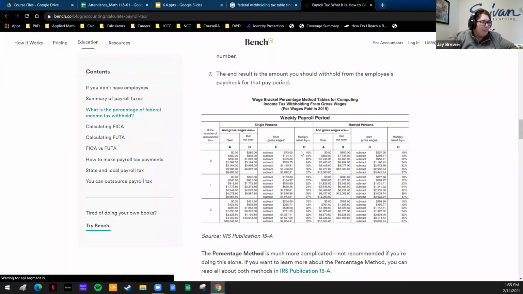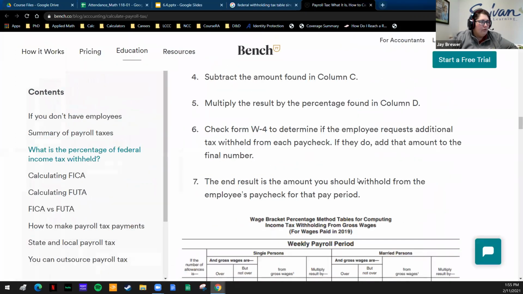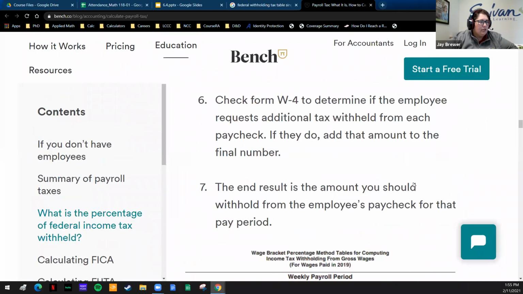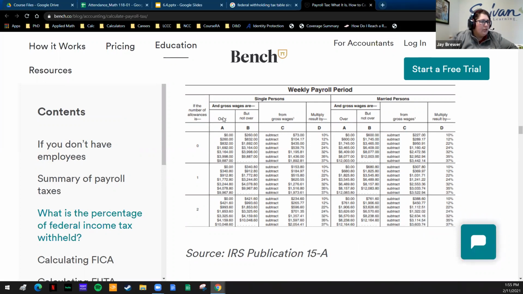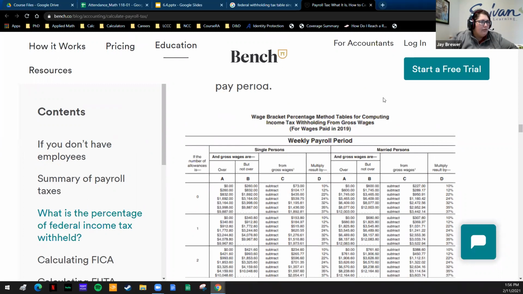All right, can you guys kind of see that? So here, number of allowances is 0. They made between 360 and whatever. And then you scroll over. So see, this isn't even the right thing.